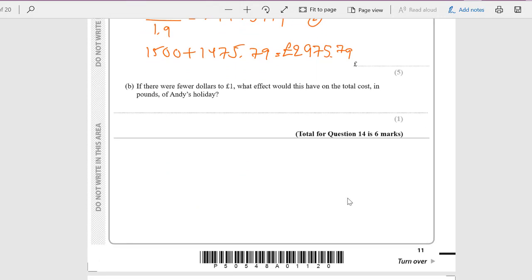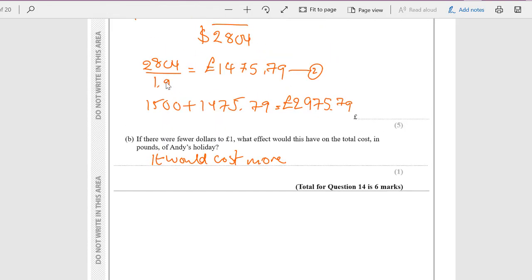If there were fewer dollars to £1, what effect would this have on the total in pounds of Andy's holiday? So it would cost more. And the reason for that is, if there were fewer dollars to the pound, then this denominator will be smaller.